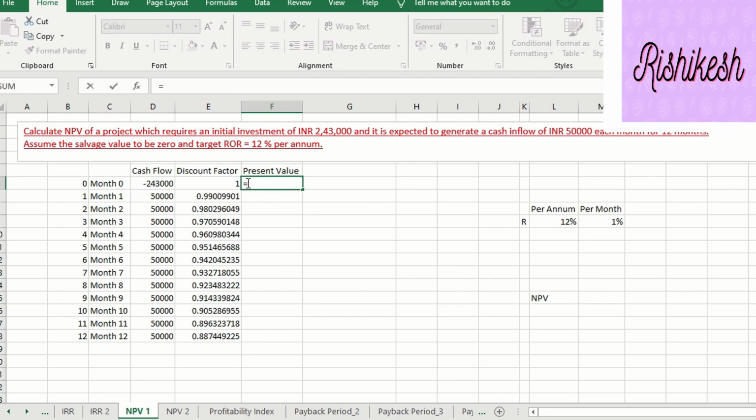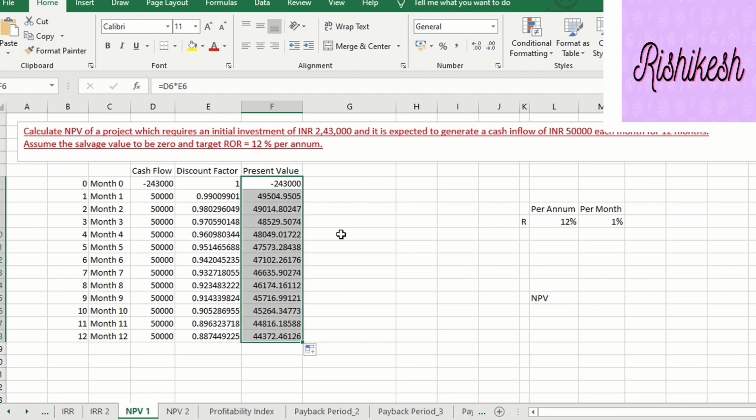Now present value is nothing but the cash flow that you have in that particular month into the discount factor. So for the initial month it will be the same thing, because it is actually the present. And then again, once this plus sign comes, you just have to double click here.